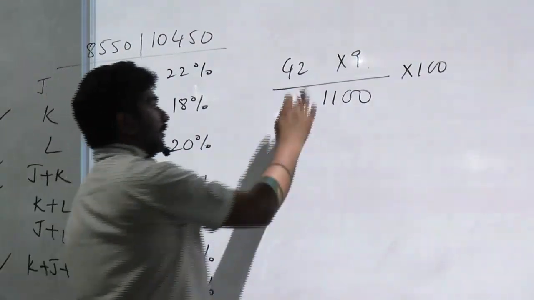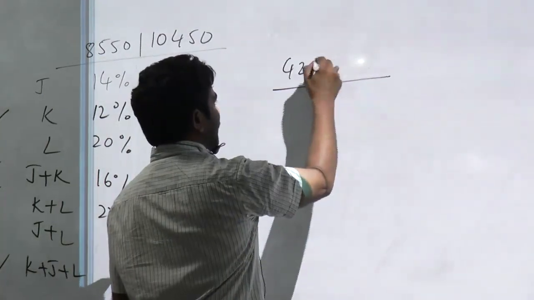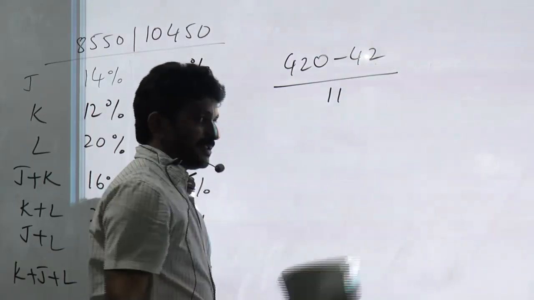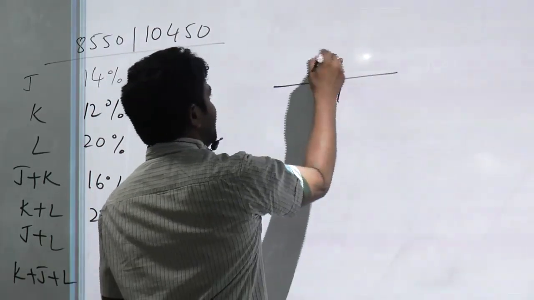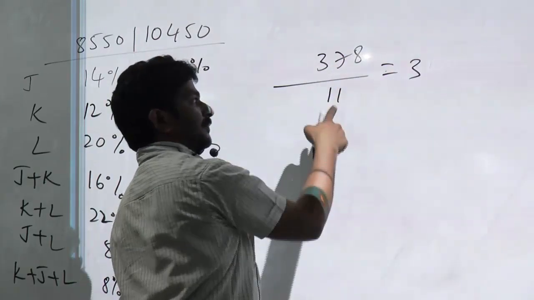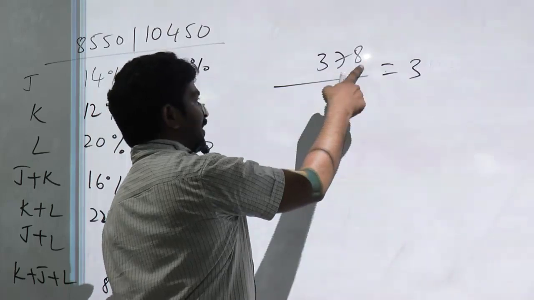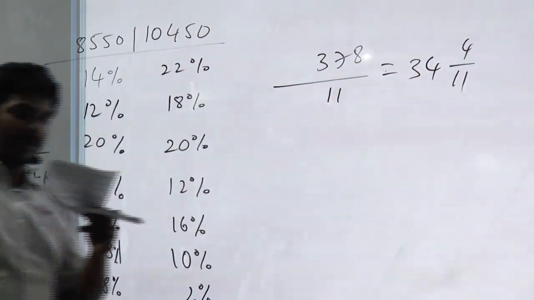Yes or no? 2 zeros cancel already. 42 to 10 times is 420, minus 42. How much is that? 378. 3 times, how much you have? 48. 4 times, 4 by 11. 34, 4 by 11.